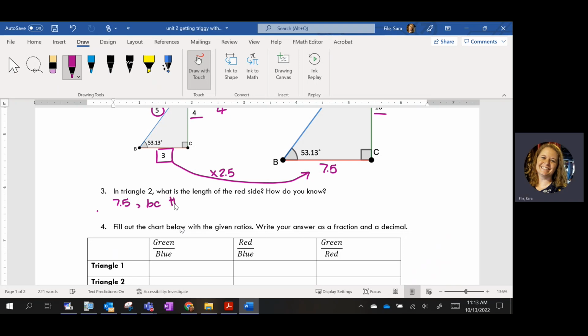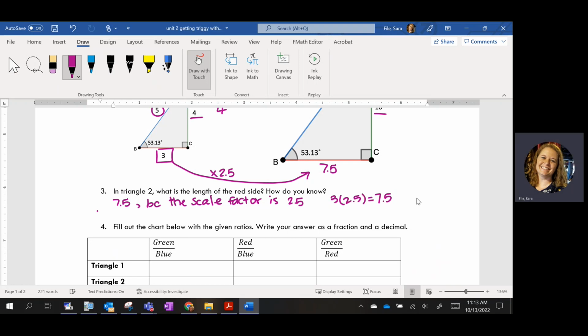So because the scale factor, nope, still slow. Oh my gosh. 3 times 2.5 is 7.5.